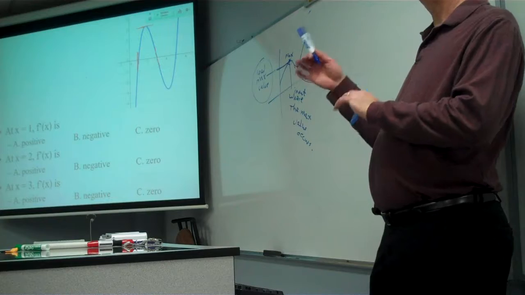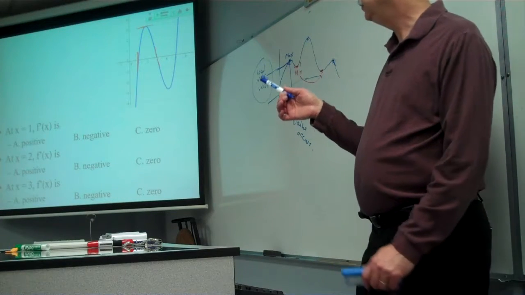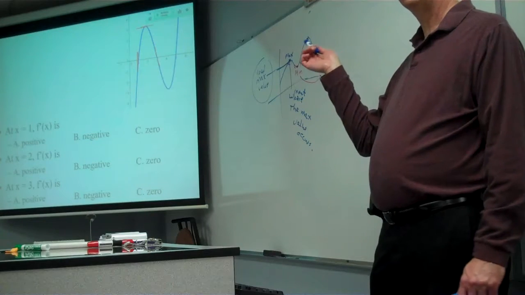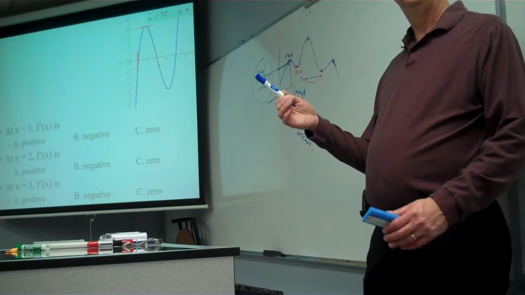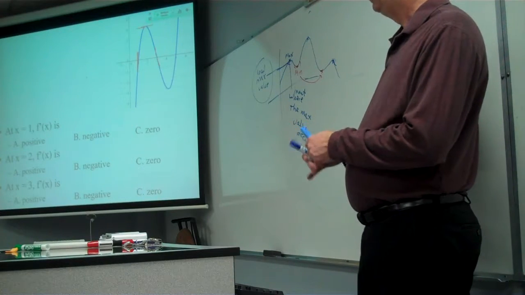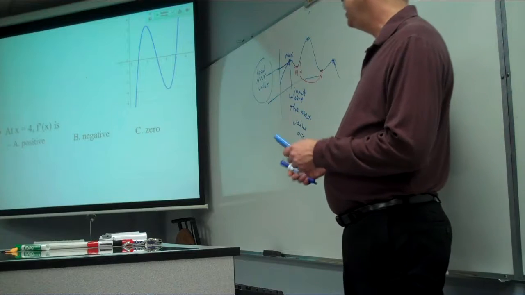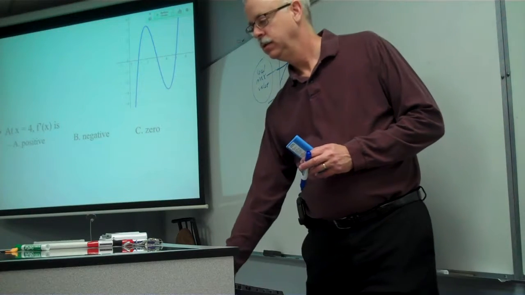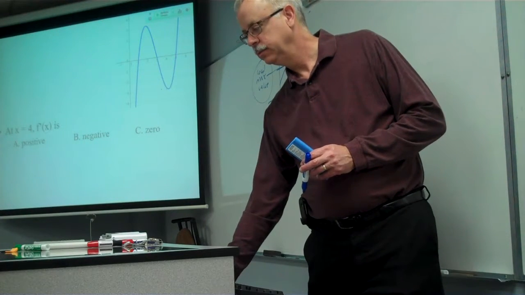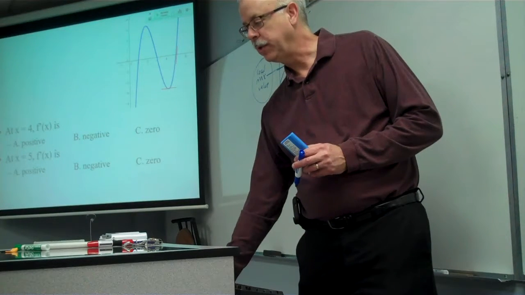So from the graph, we can make those determinations. And in fact, this I think is kind of where we started the whole discussion about derivatives. From the graph, we can make some interpretations about the sign of the derivative. And so I think you get the idea. At 4, the derivative is 0. Slope of the tangent line looks to be 0. At 5, we're back to positive.